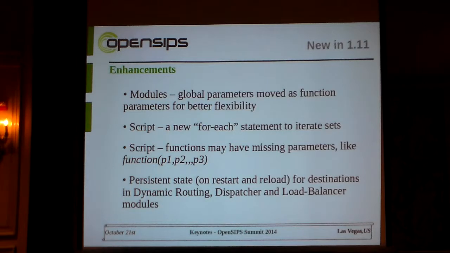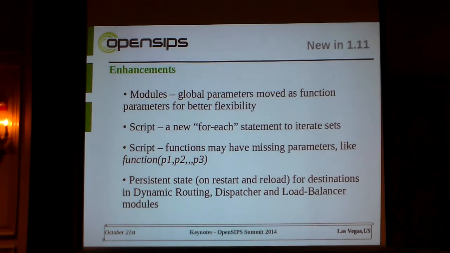Also in the scripting, functions may have what we call missing parameters. Sometimes you have a function that may take quite a large set of parameters, and some of them are optional. To be clear which are missing or not, we introduced the concept of the empty parameter, just to say, okay, that's a slot for one parameter, so you know exactly which one goes where, but you don't have to provide it.